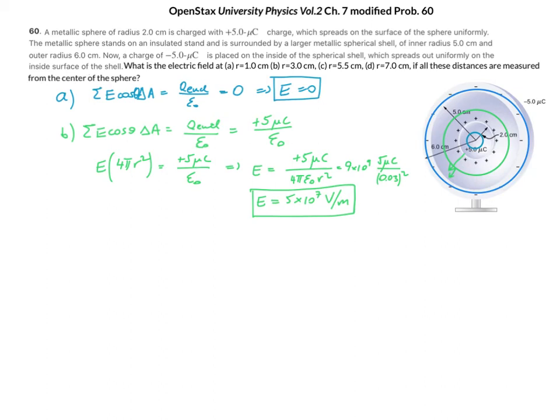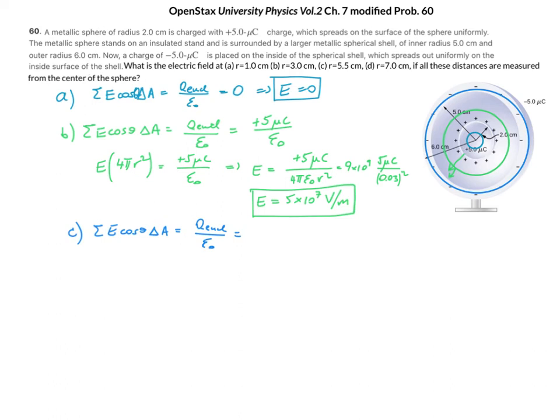And now if I write down Gauss's law, so I have the sum of electric field cosine theta delta A is charge enclosed by my Gaussian surface divided by epsilon naught. The charge that's enclosed is the negative 5 microcoulomb charge that distributed itself on the inside of the conductor plus the plus 5 microcoulomb charge.